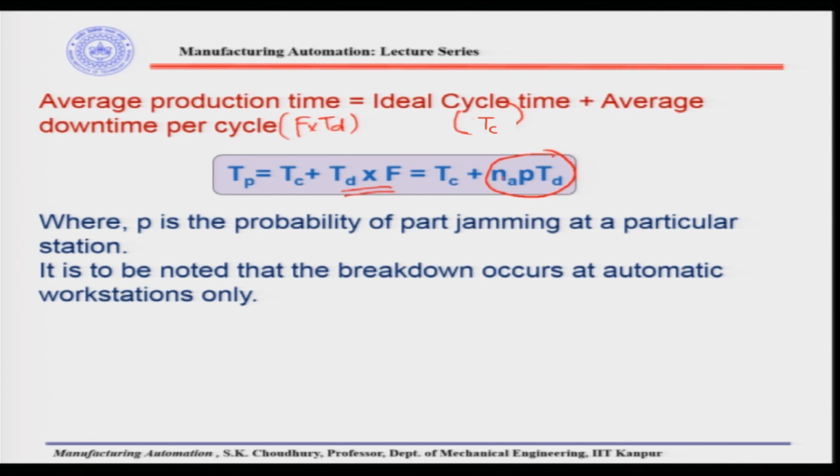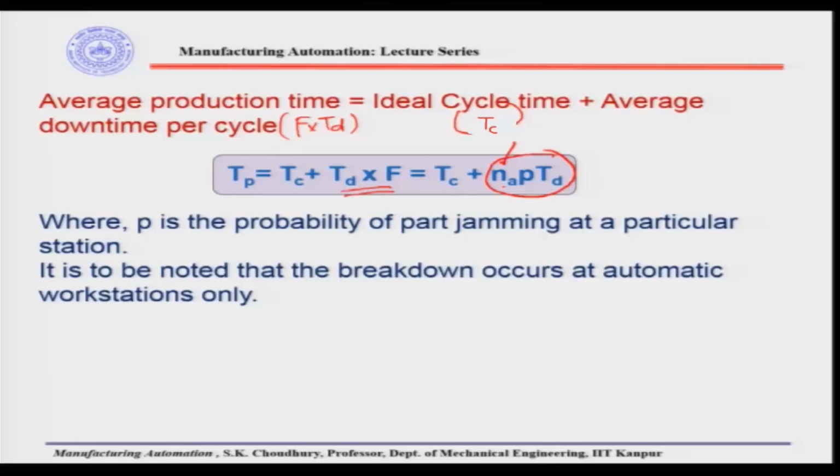NA, we have seen, is the number of automatic workstations in the line. Small p is the probability of part jamming at a particular station. Since these are automatic machines, those machines can have breakdowns by jamming of the parts. The parts may jam in the automatic workstation, whereas it may not happen in the manual workstations.